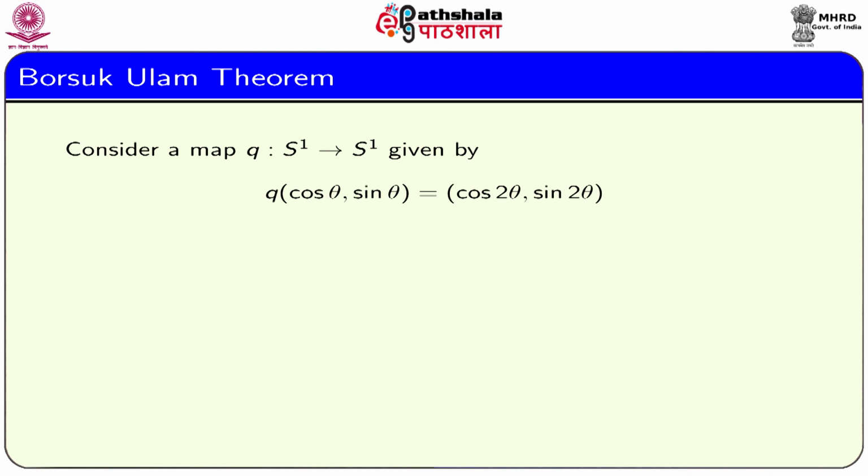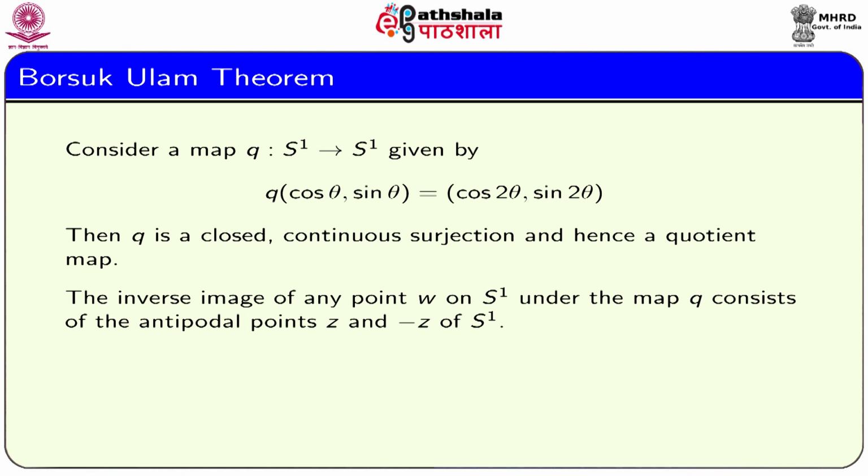Consider a map Q from S1 to S1 given by Q(cos theta, sin theta) equal to (cos 2 theta, sin 2 theta). Then Q is a closed continuous surjection and hence a quotient map. The inverse image of any point W on S1 under the map Q consists of the antipodal points Z and minus Z of S1.